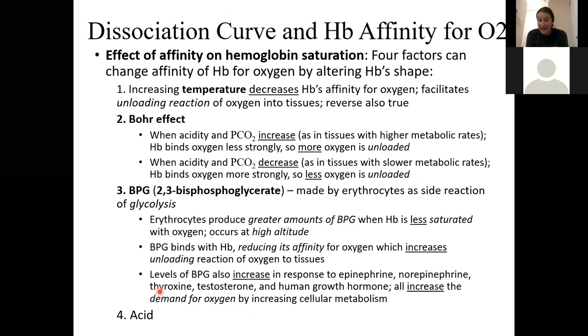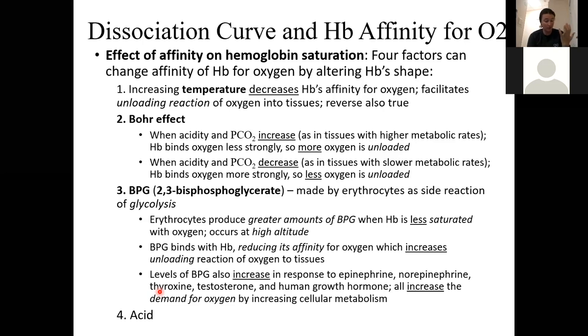Okay. We can change this graph, right? We can change this relationship and therefore change the effect of affinity on hemoglobin saturation. There are a few different factors that we'll talk about. And essentially, as you're thinking about this, you should just be thinking of what would be happening in the body when the body is most active, right?